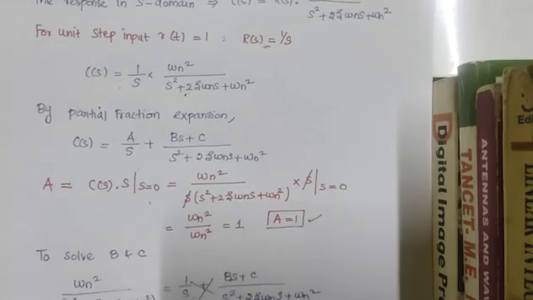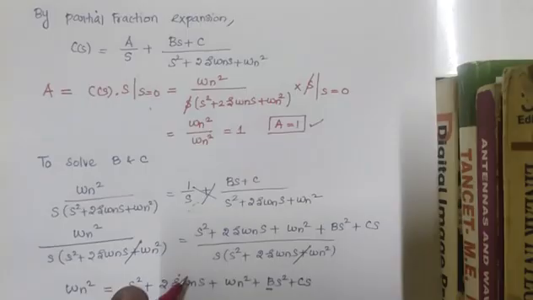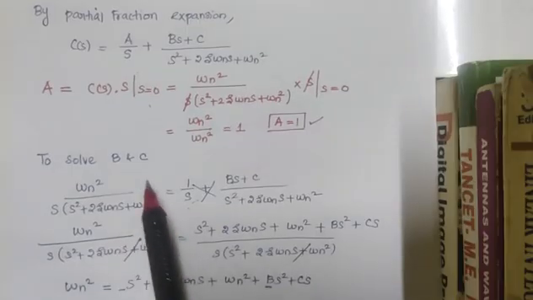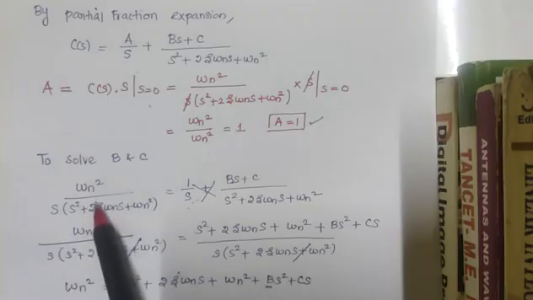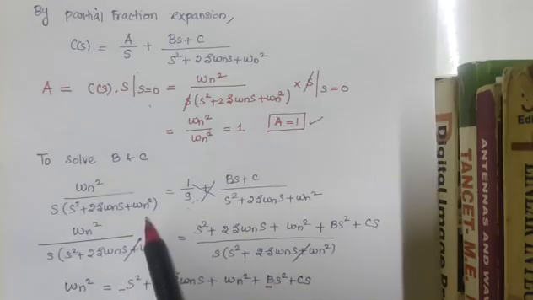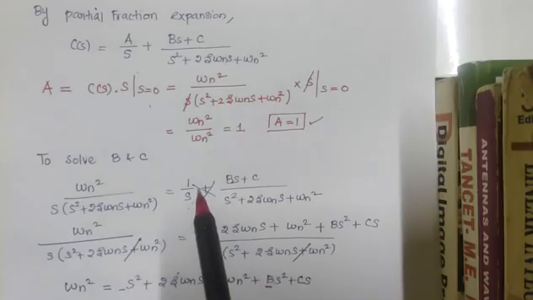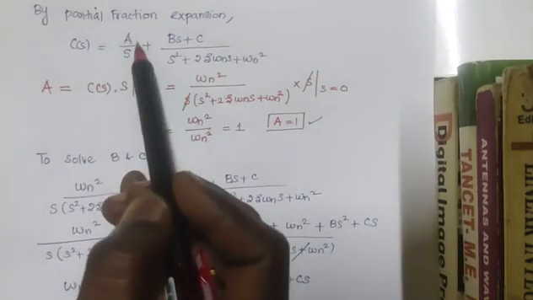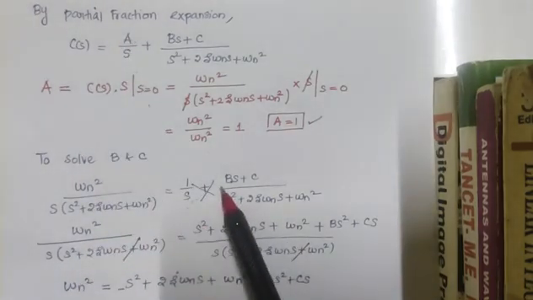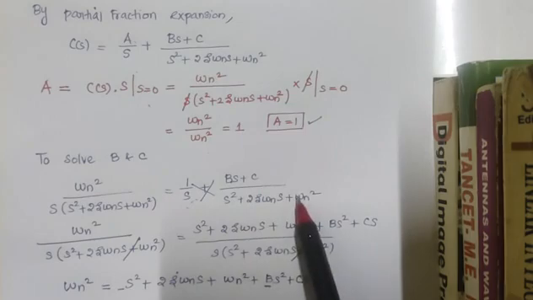To compute B and C, just take C of s, omega n square divided by s into s square plus 2 psi omega n s plus omega n square, which is equal to, you computed the residue A, you substitute here, so it becomes 1 by s plus Bs plus C divided by this term.